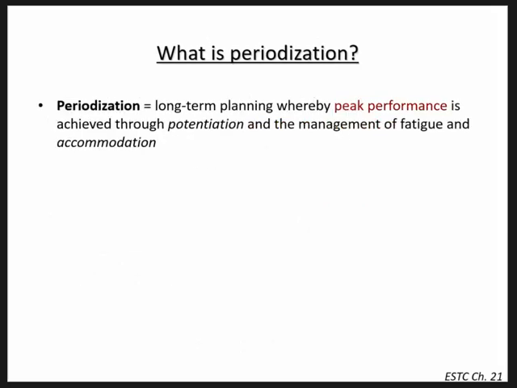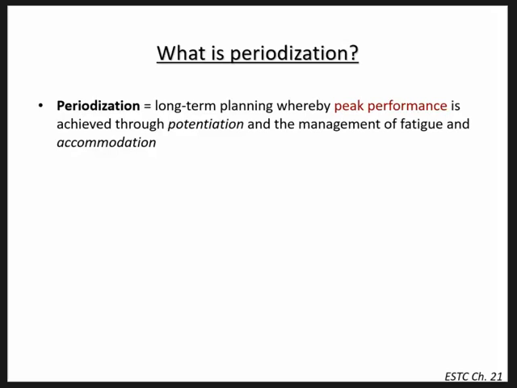Another definition we see up here is long-term planning, so we already know that, where peak in performance is achieved through potentiation, management of fatigue, and accommodation. The word potentiation we've used a lot. It's basically organizing training into different cycles to achieve the desired effect at the desired time.